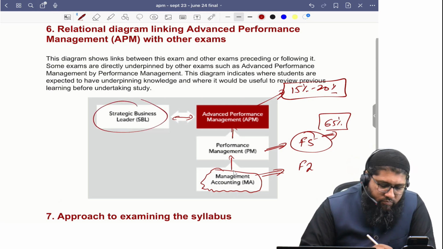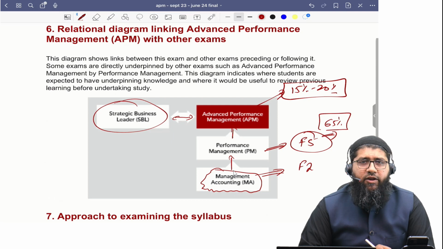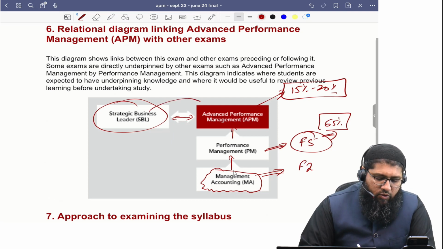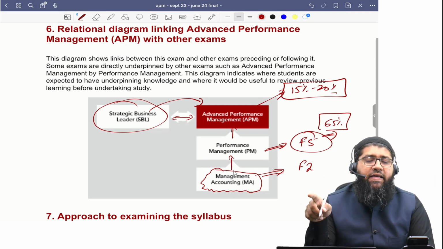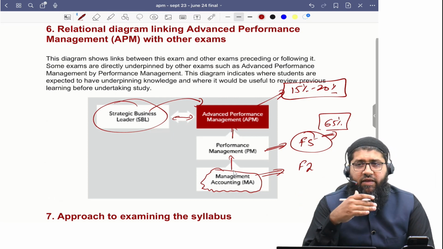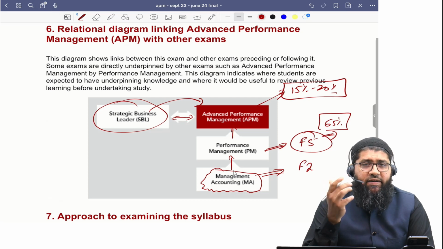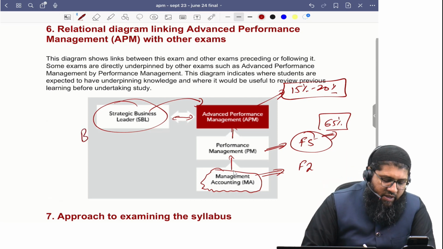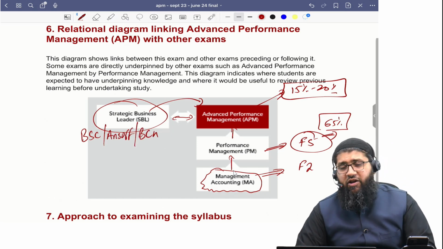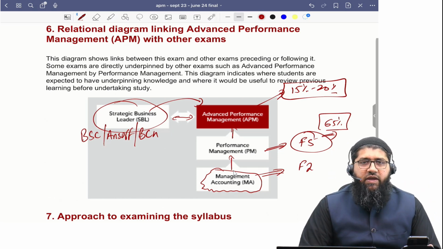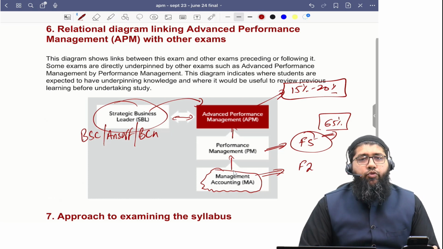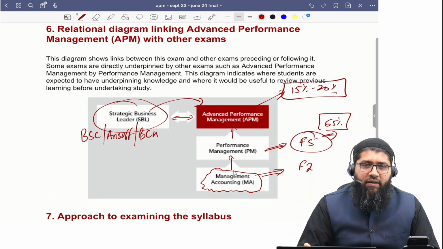Plus, a lot of models that you have studied at the SBL level are also examinable at the APM. When you are discussing the APM, you will see that there are different models you have studied at the SBL level, whether that is the balanced scorecard, the NSF matrix, the BCG matrix, etc. There are different theories and different models you have studied at the SBL level, and those are also going to be examinable at the APM level.